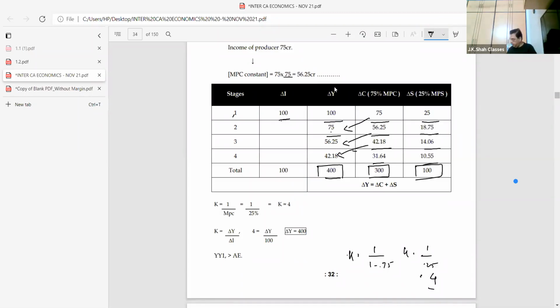Find out the value of multiplier and show the increase in income. Come on, only 4 stages you have to show. Fast.